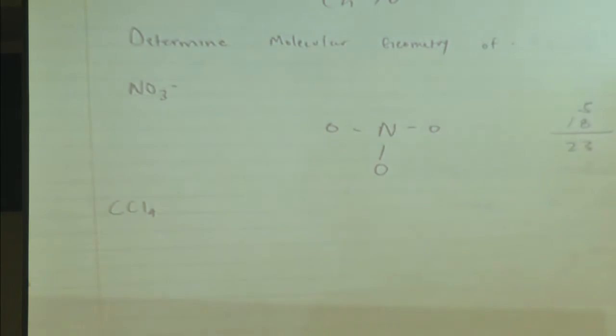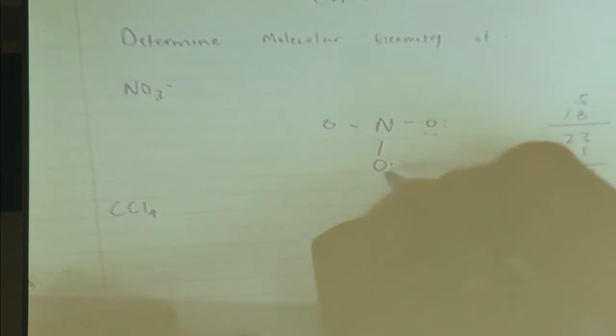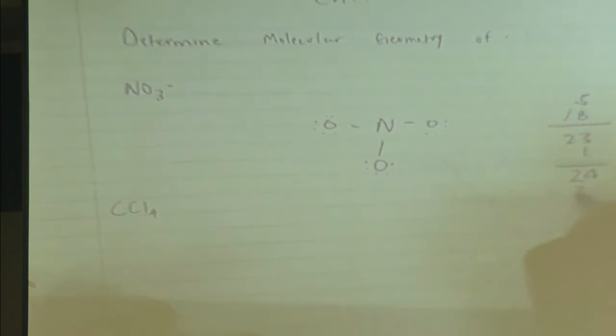And this is an ion, right? So it's a negatively charged ion. Do we gain an electron or lose an electron? Gain. So plus one more gives us 24. How many in our skeleton? 6 in our skeleton, that leaves 18, and that's how many it'll take to complete octet, right? So once we complete octet for this structure, for the oxygens at least, we are out of electrons.